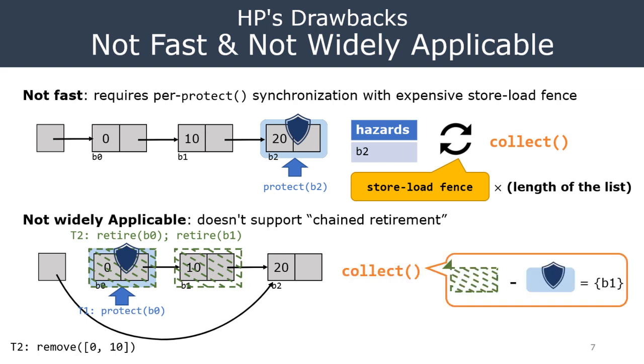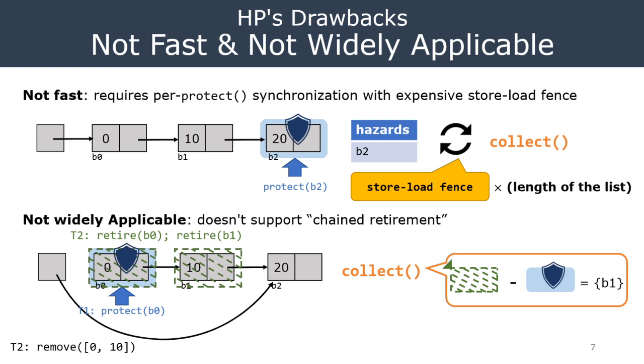And now suppose that we invoke the collect function, and recall that this collect function frees the memory blocks that have been retired but are not protected at all. Surprisingly, B1 satisfies this criterion, because it is retired as a part of the chain retirement, but it is not protected, because T1 only protects the block B0.